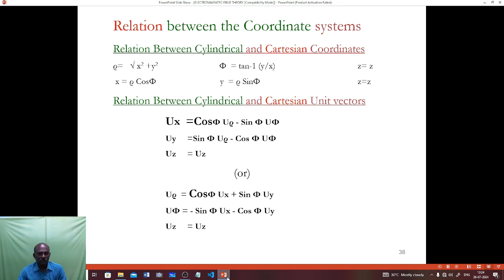So ux is equal to cos phi u rho minus sin phi u phi. uy is sin phi u rho plus cos phi u phi. uz is uz, so it is the same in both systems. Similarly, we can find the cylindrical vectors u rho, u phi and uz from the Cartesian vectors ux, uy and uz.